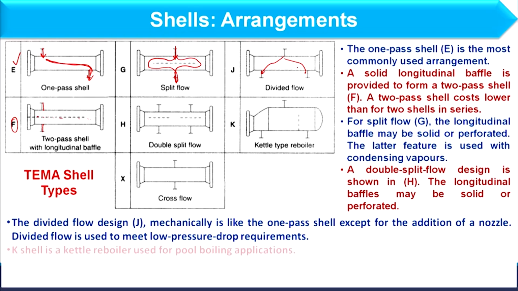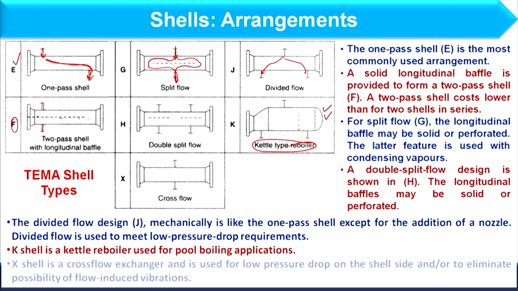And after that we have the kettle shell, or the TEMA K shell, that we consider as a kettle type reboiler. So, this we will consider in detail when we design the kettle reboiler. And then finally, we have cross flow, where fluid is simply passed through these tubes and exits. So, in this way we have different types of shell arrangement, fine.